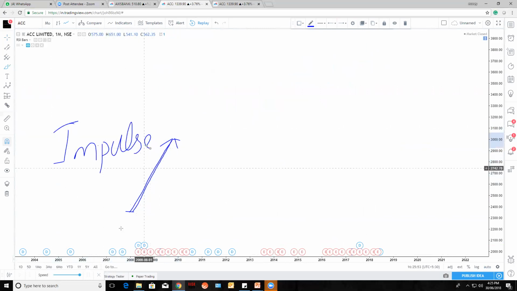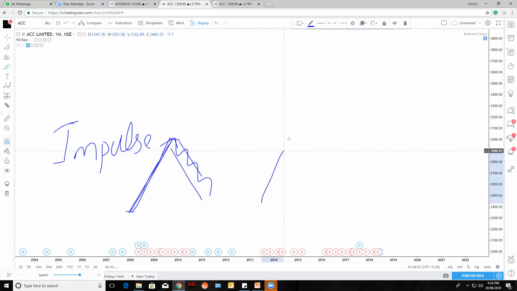The price which is moving in the direction. And there is a correction. The price which moves against the trend, this is the uptrend as of now, is called a corrective wave.